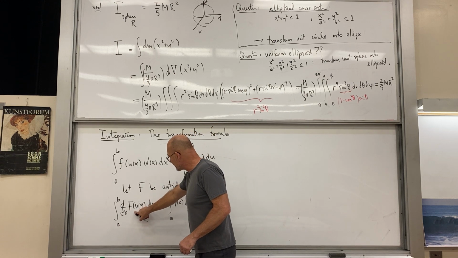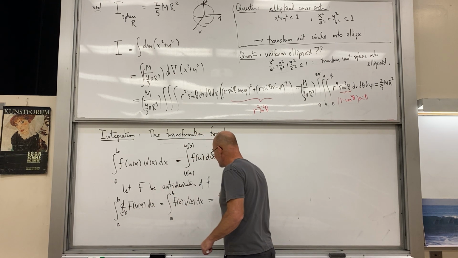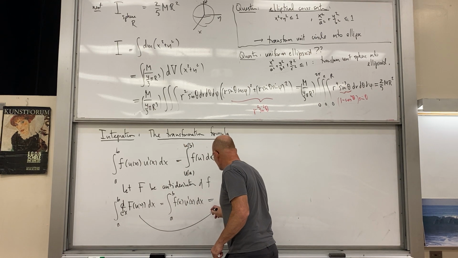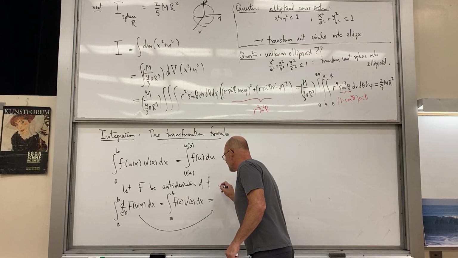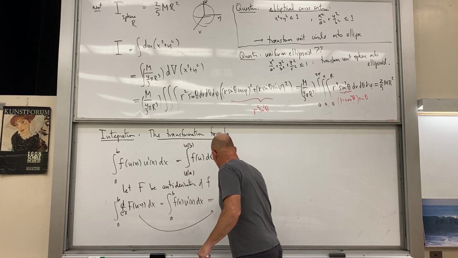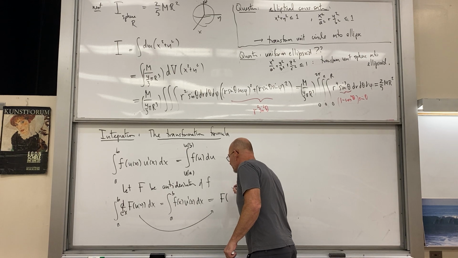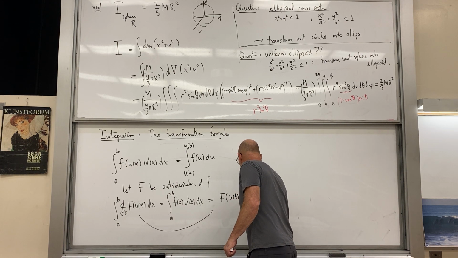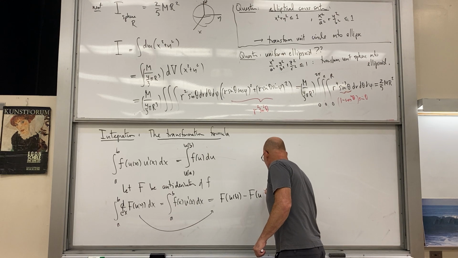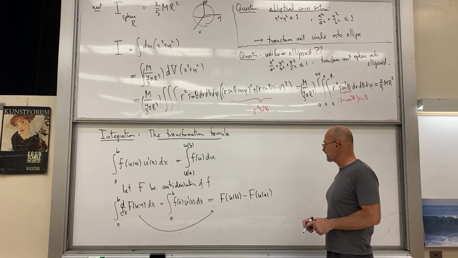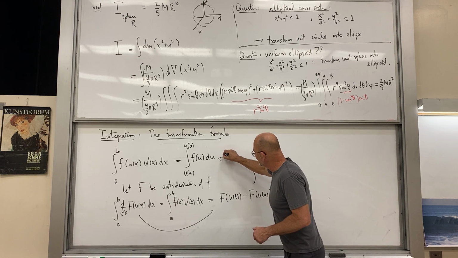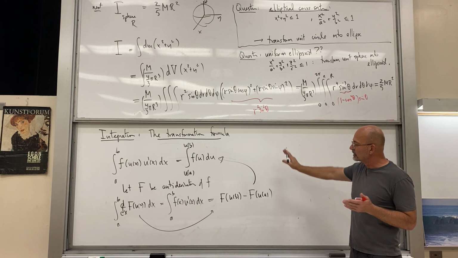But since that's an antiderivative, we can also say that this is equal to capital F of u of b minus capital F of u of a. And that is, of course, equal to that. So that's just how we do U substitution.